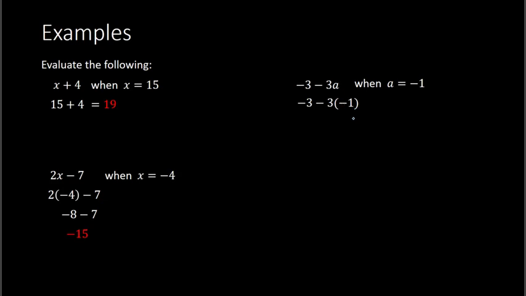So make sure you follow order of operations. We need to multiply first. So negative 3 times a negative 1 would be a positive 3. So I have negative 3 plus 3, which would equal 0.